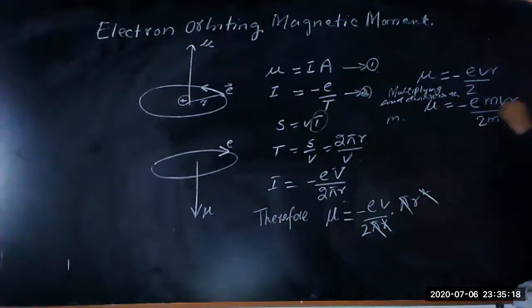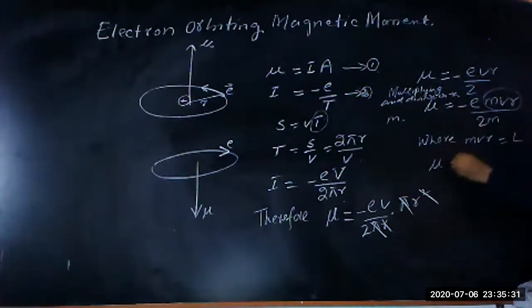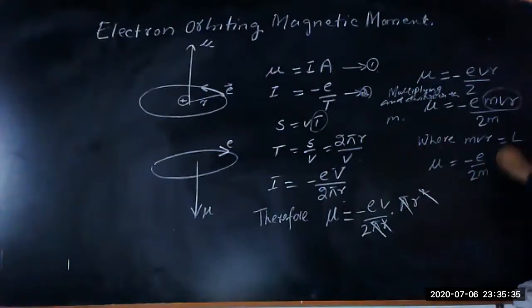Now this m V r is the angular momentum L. Therefore this mu can be written as minus E over 2m into L, where L is the angular momentum.